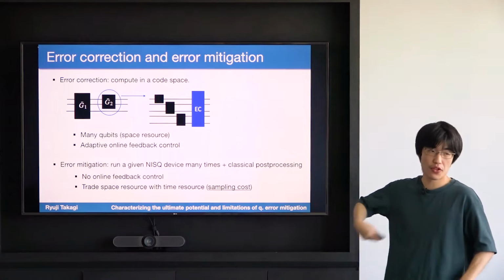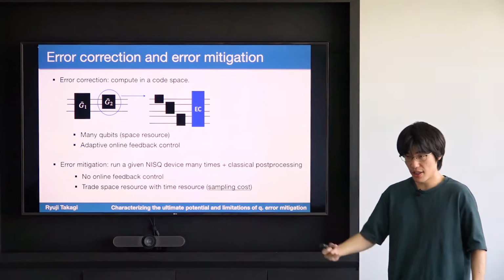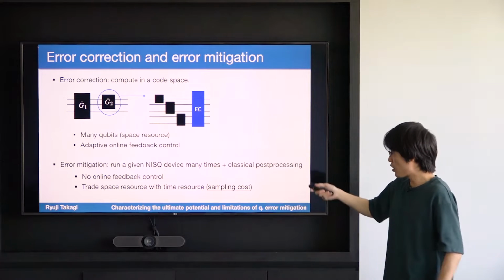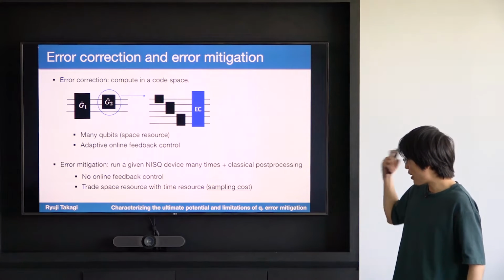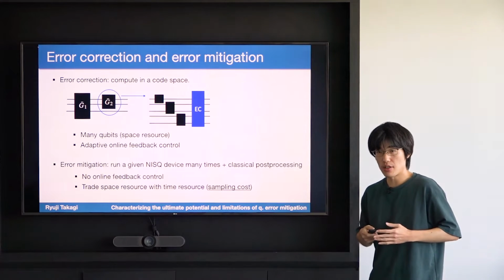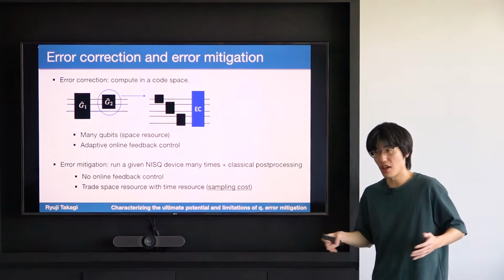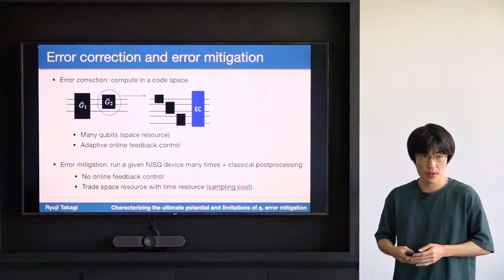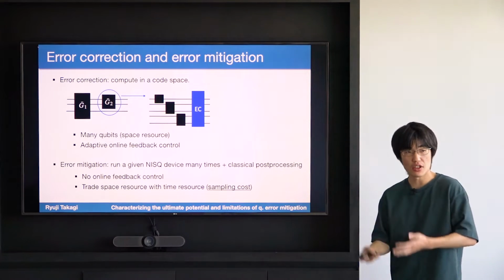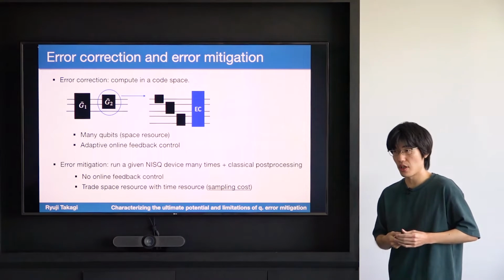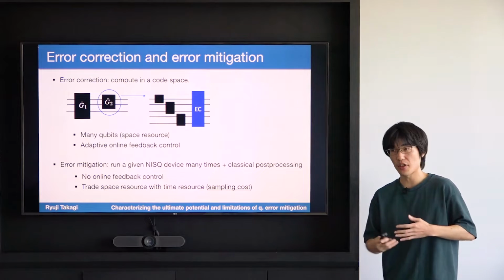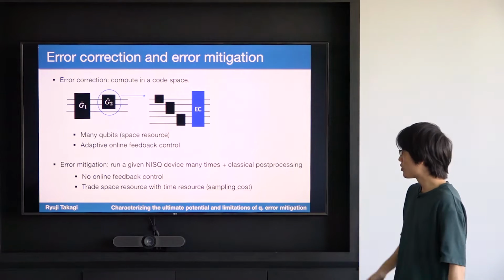So the number of NISQ device runs is the sampling cost. This is a very important figure of merit, because if it is too large, you cannot finish the experiment in a reasonable time. Since you are trading space cost for time cost, the time cost is really the question in telling the capability of error mitigation.